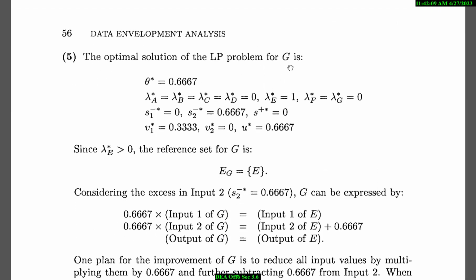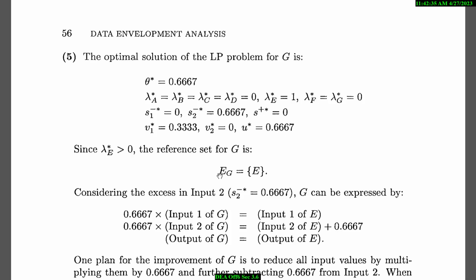Here again for DMU G, you can change the LP model by, as you see, changing the multiplier of theta only, and by solving the model, the optimal values are obtained, as you can see here.